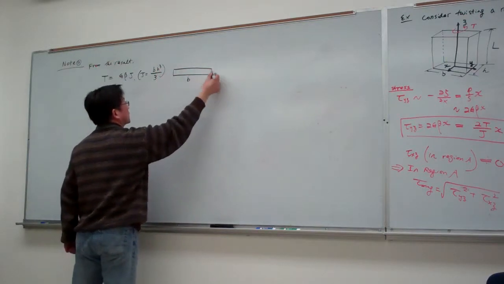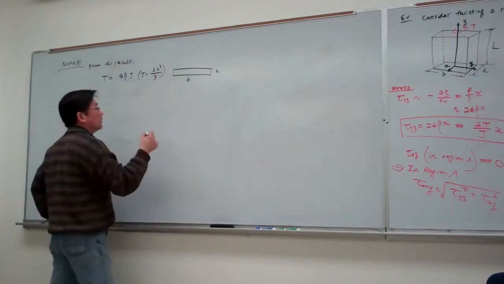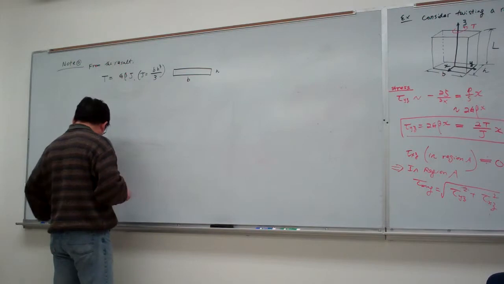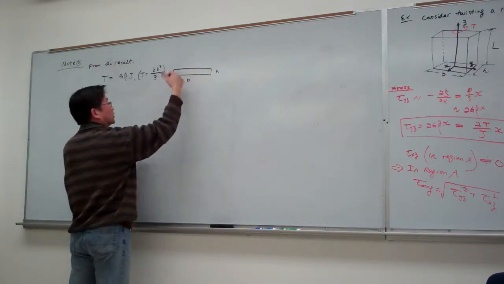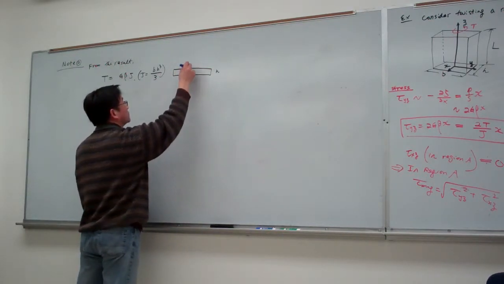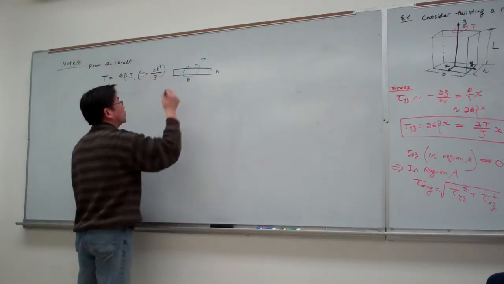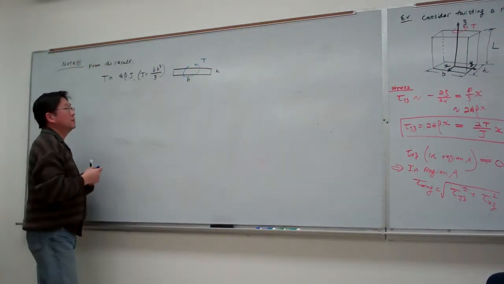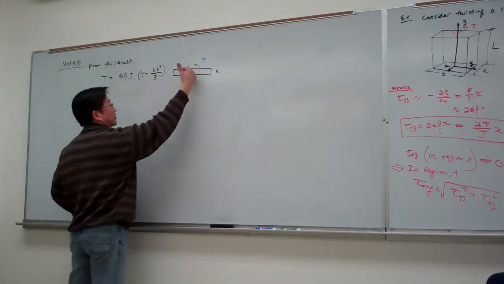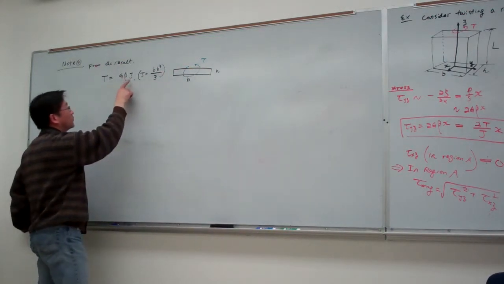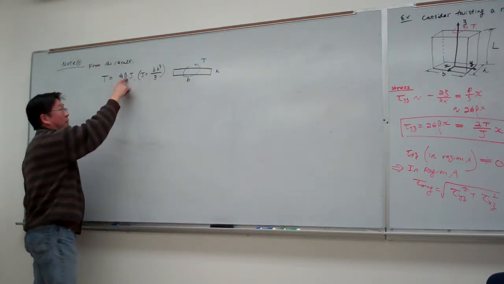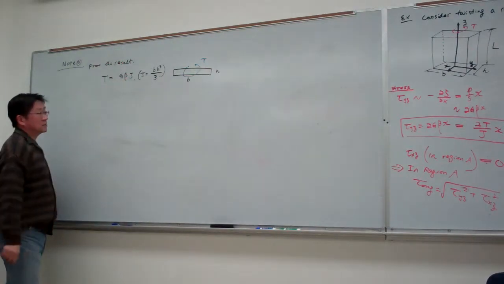So B is the length side, H is here. So basically here for this case, we twist this shaft in this way, and then the torque can be related to the geometry. The beta is the angle of the shape.